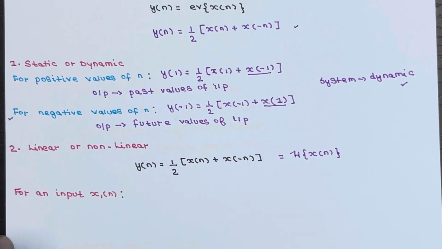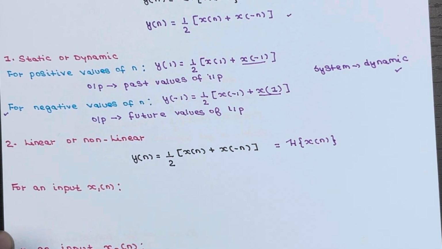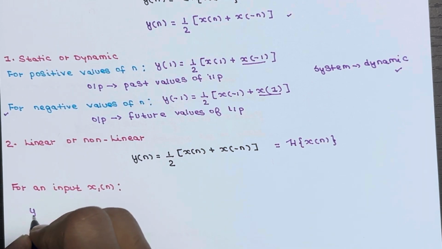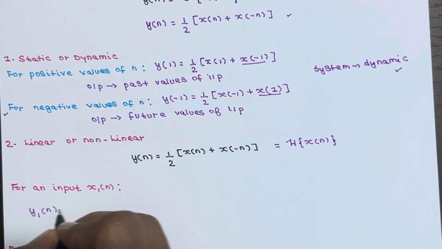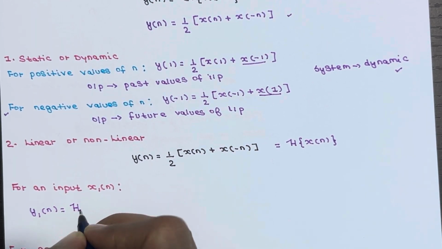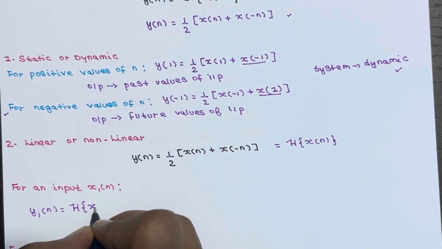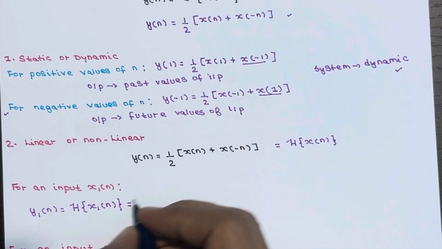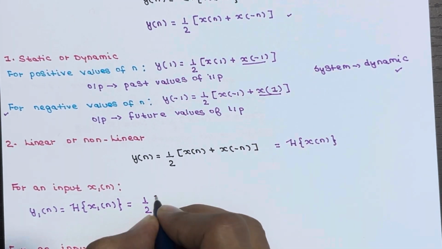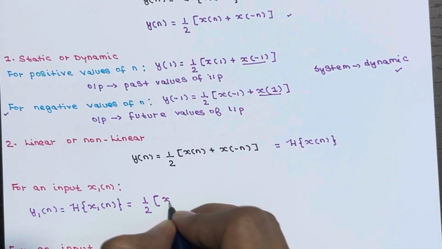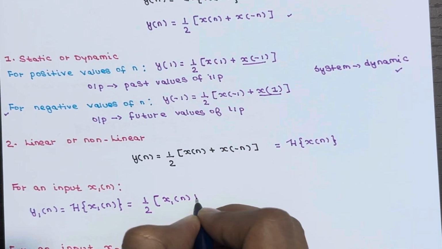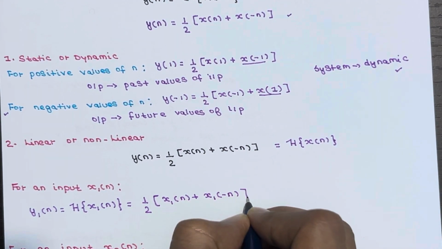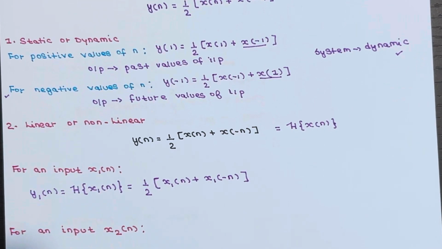So basically for an input x1 of n, y1 of n is equal to the transform of x1 of n, which becomes 1 by 2 into x1 of n plus x1 of minus n. So this is calculated.